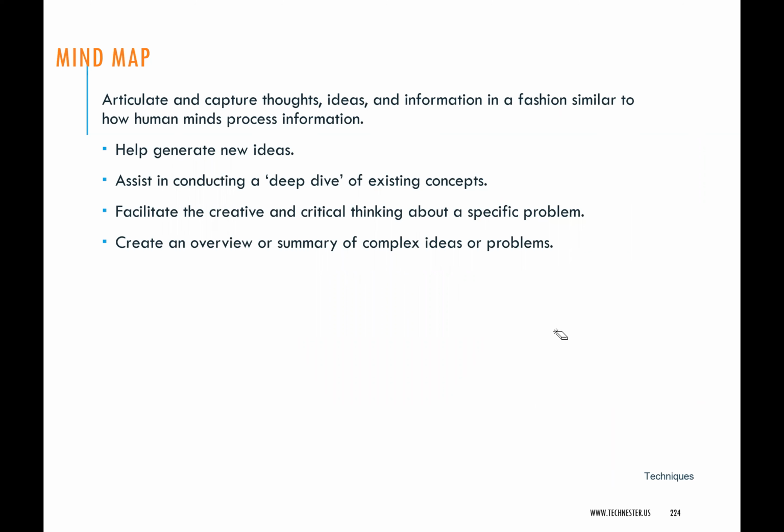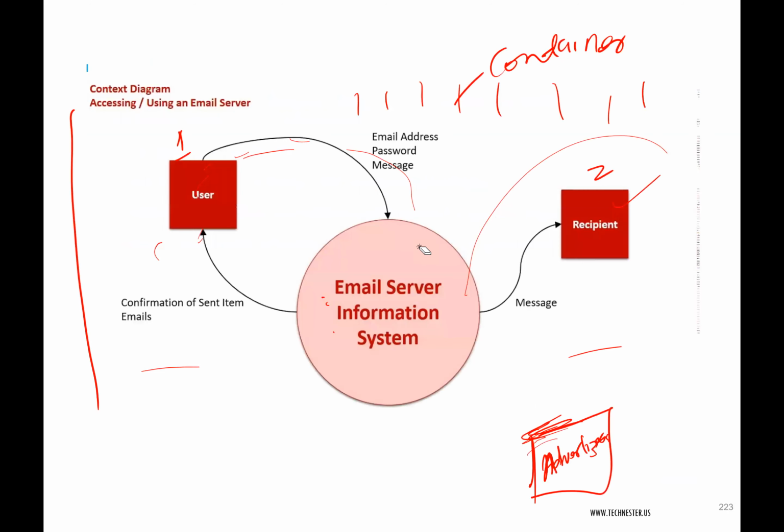So that they can understand what the system is about. Mind map is not the only way to do it. Neither is context diagram necessarily the only way to do this summarized view. But context diagram will be one of the major, standard ways.